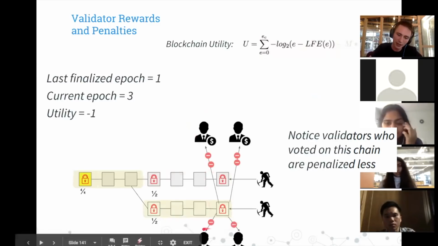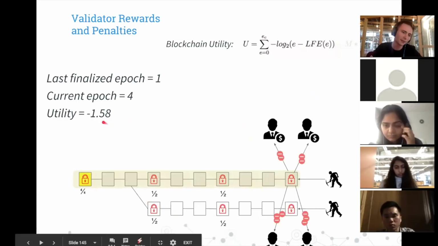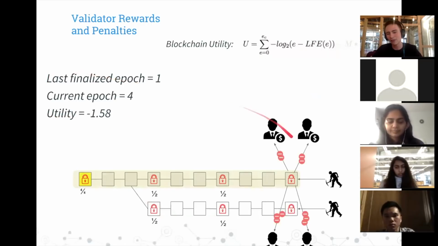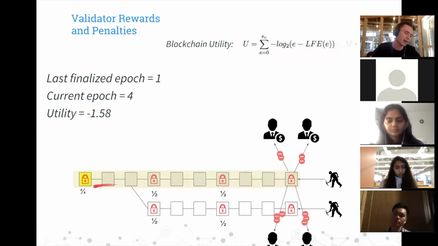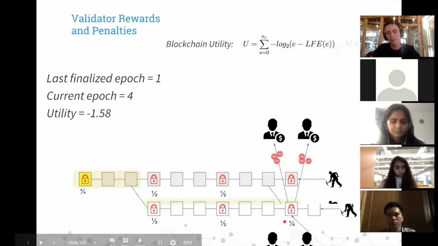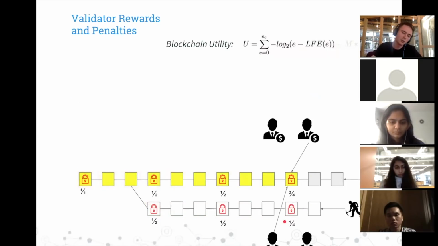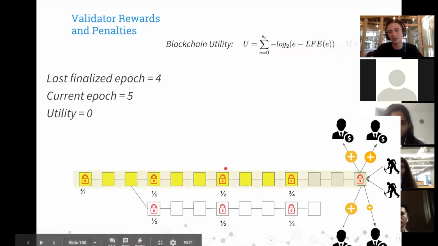And so you'll see once again, it's this asymmetric penalty thing. And so here, once again, we have penalties coming out, and they're even more significant because we've had to wait quite some time for a checkpoint to be finalized. And boom, yay, we finally justified a checkpoint, and now we're paying people out. And we also can pay out in relation to whether or not they actually contributed to that chain.